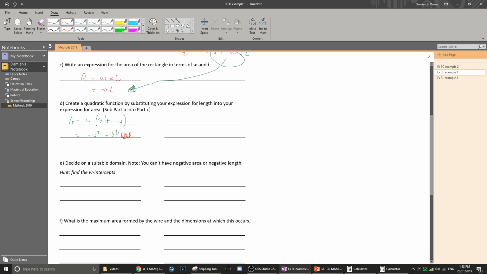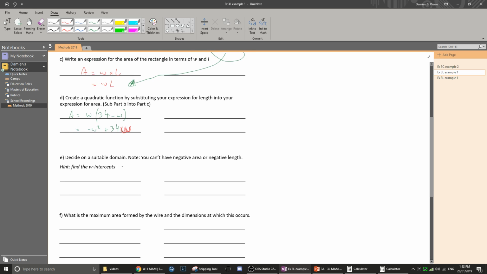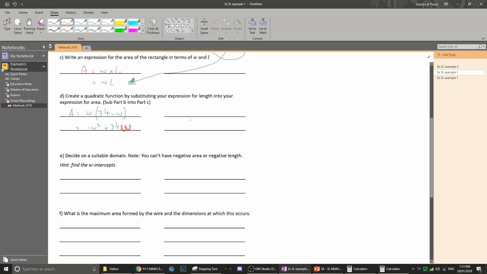So we have an area equal to this expression given a certain width value. Let's do a quick little sketch of this. It's a negative W squared, so it's a parabola, turned upside down.